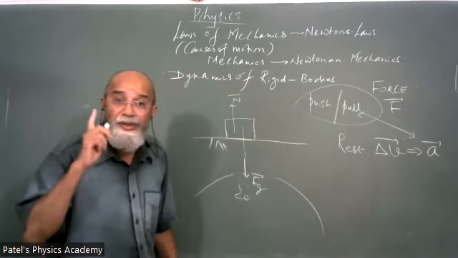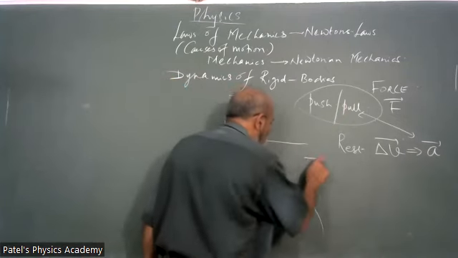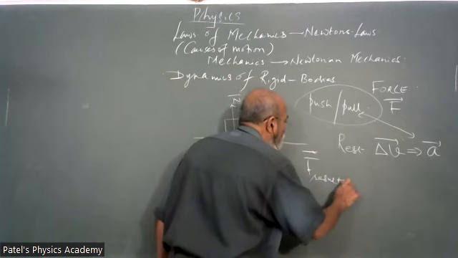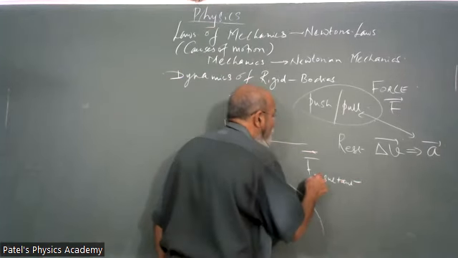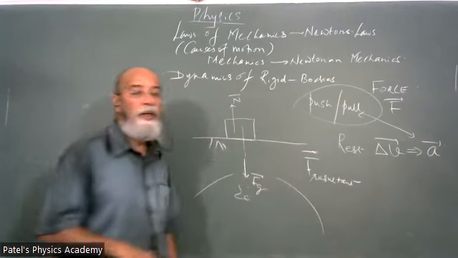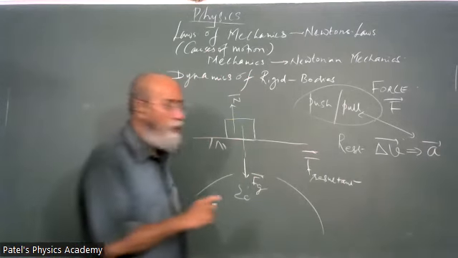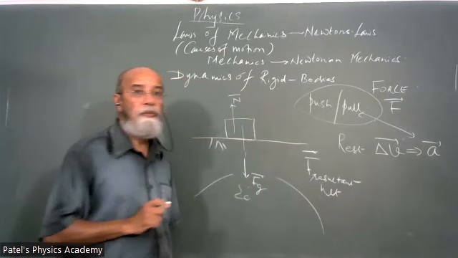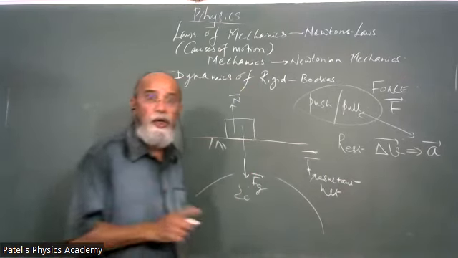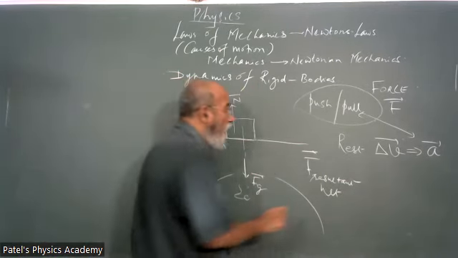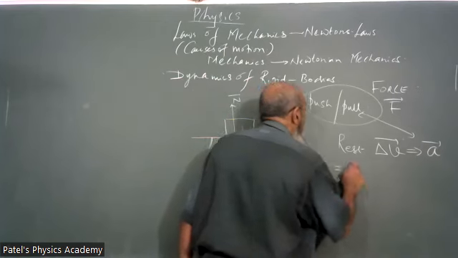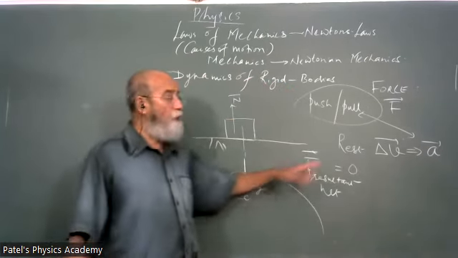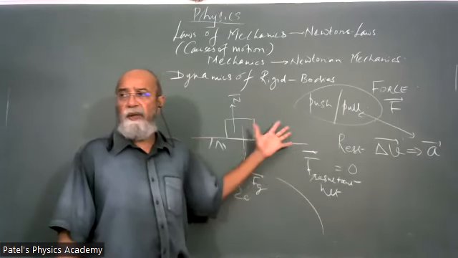It is the resultant force. This is the mistake which often students make. It is the resultant force. It is the net force. If the resultant force is 0, then if the object is at rest, it will remain at rest.